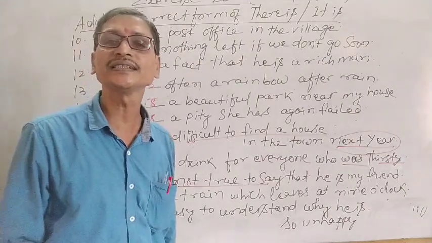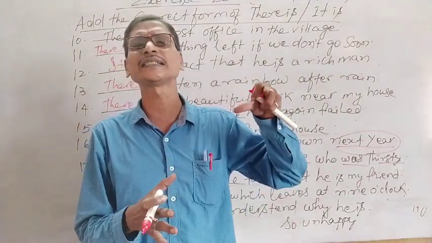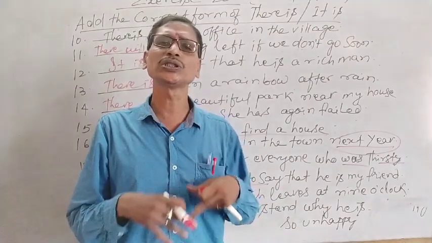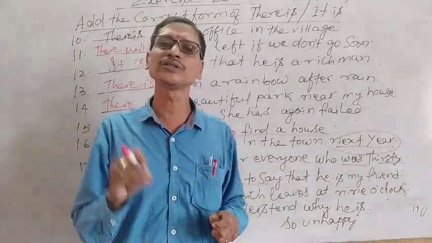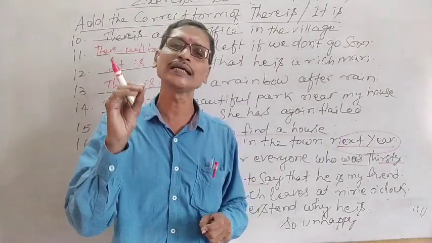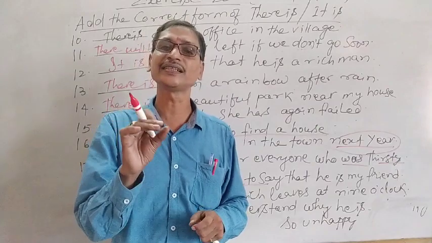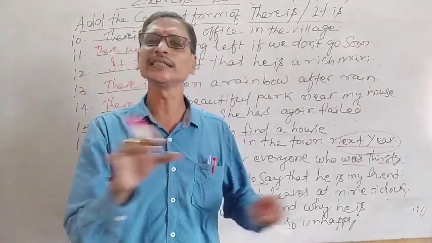Therefore, dear students, we have discussed so many differences between 'there is' and 'it is'. We understood we use singular as well as plural verbs with 'there', but we use a singular verb only with 'it'. We use 'it' to talk about time, weather, temperature and distance.